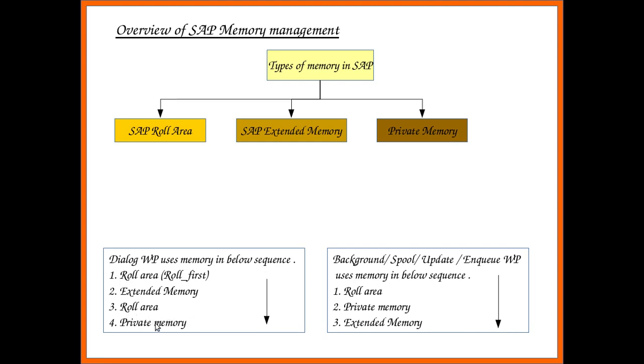Once the roll area is full, then it goes to private memory. And for other processes, background, spool, update, enqueue work processes, they use the roll area first. If it is totally consumed, then they use private memory, means heap memory, and finally they use extended memory.